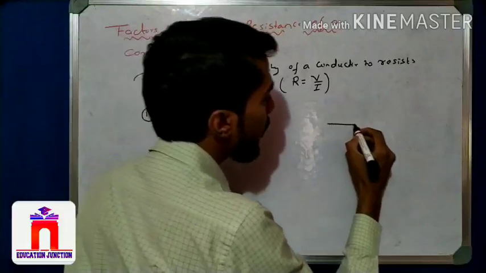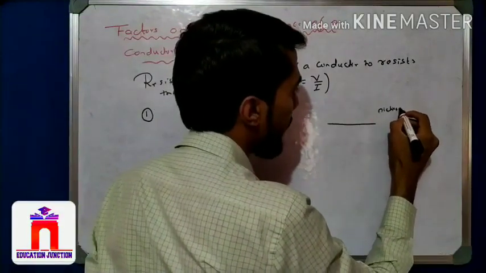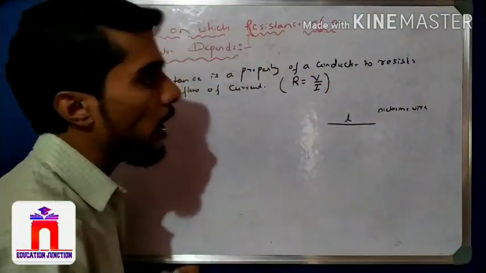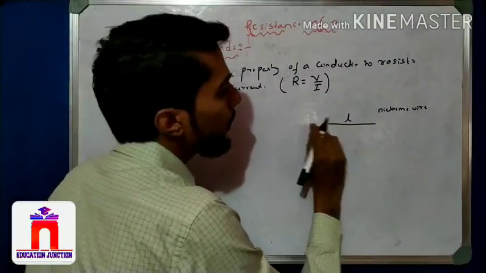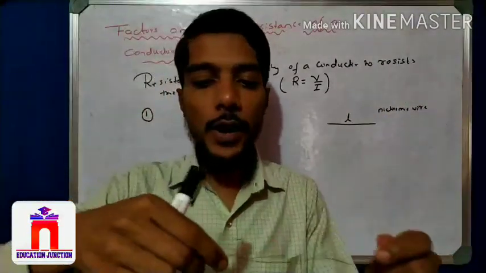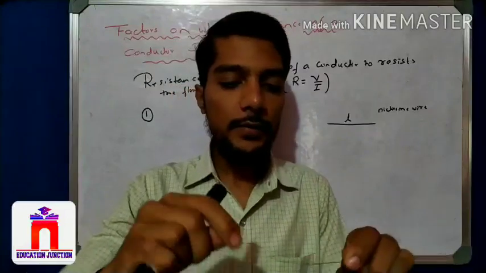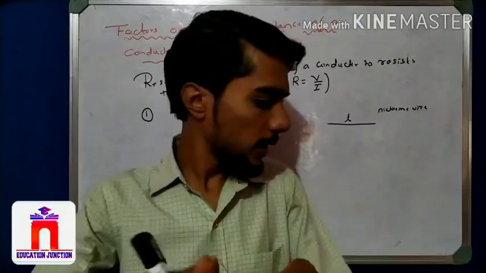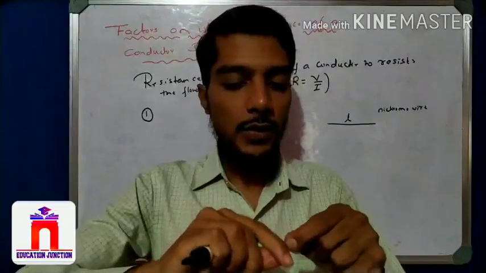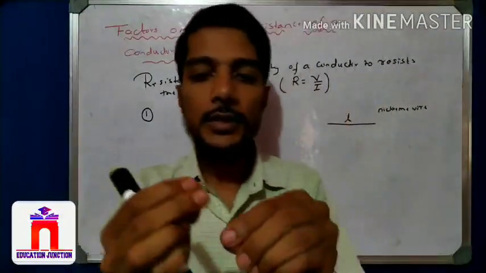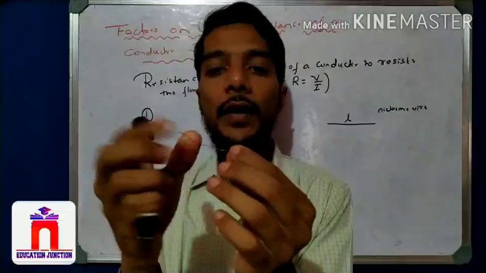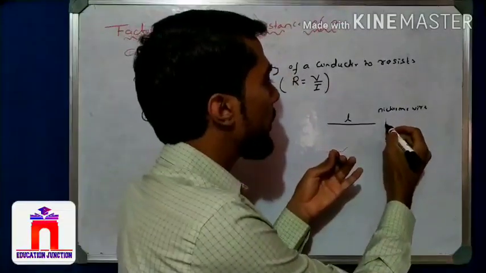This is a nichrome wire, a nichrome conductor of length L. I can take a particular length of wire, of length L, and this conductor has some resistance R.